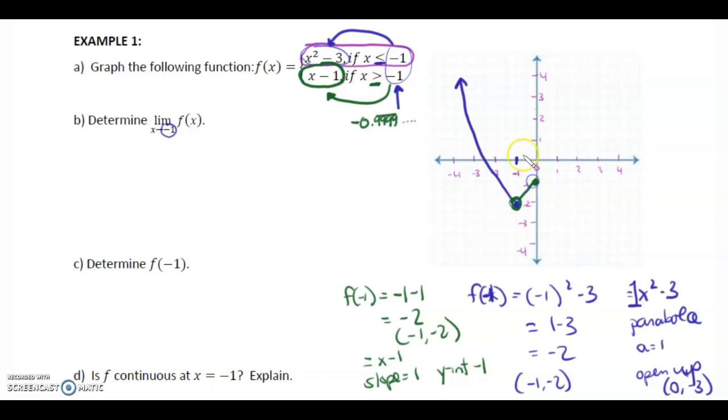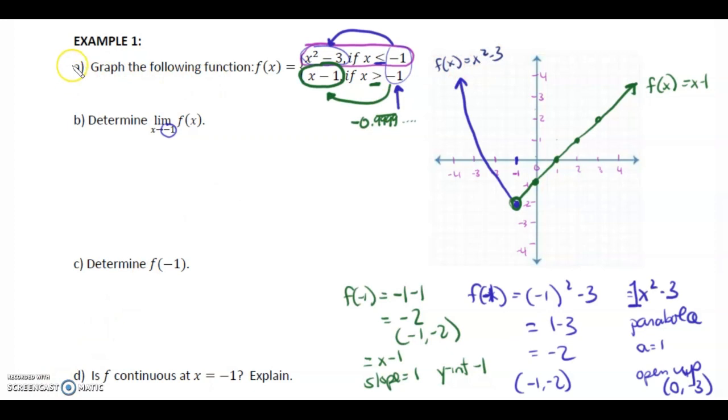We're going to go through that point. Then we can go up 1 over 1, up 1 over 1, up 1 over 1. Okay, so this is part of f at x. This is the x minus 1 portion of it. And this is also part of f at x. This is the x squared minus 3 portion of it.